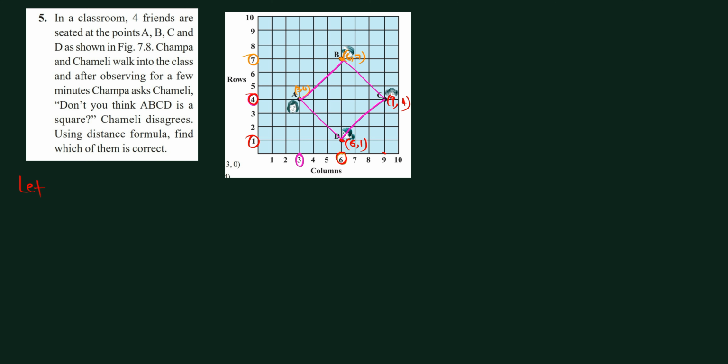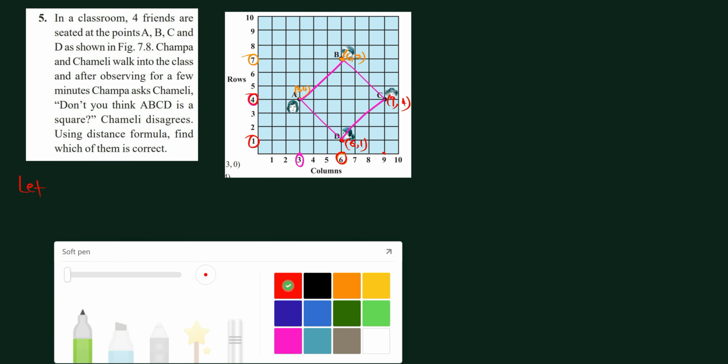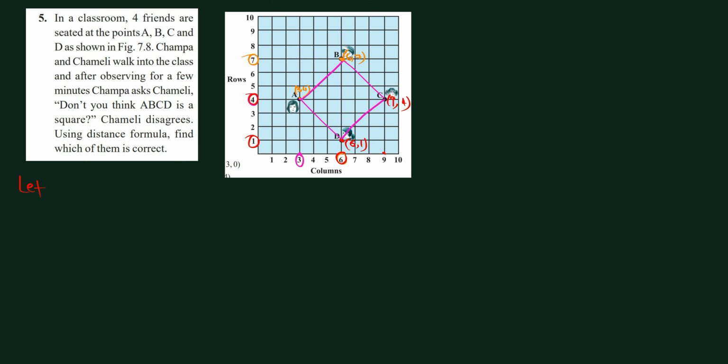Let the points be, what is the point A? A point is 3 comma 4, B is 6 comma 7, and C is 9 comma 4, D is 6 comma 1.